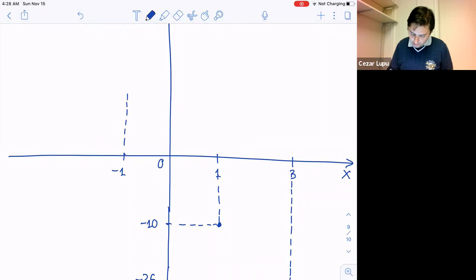You just put it here. And this is 1, the y-intercept. Okay, and here will be the relative min.